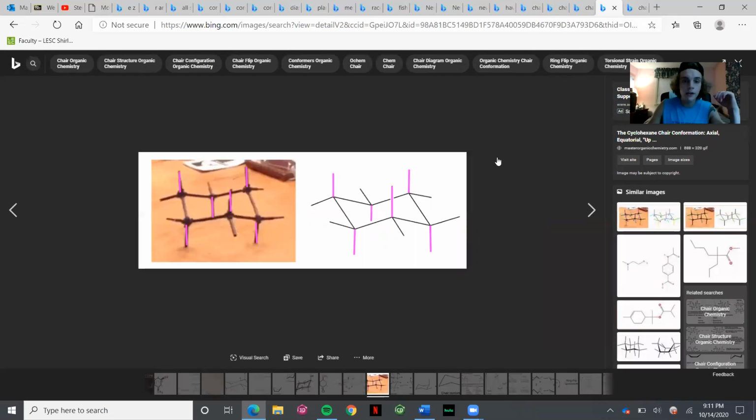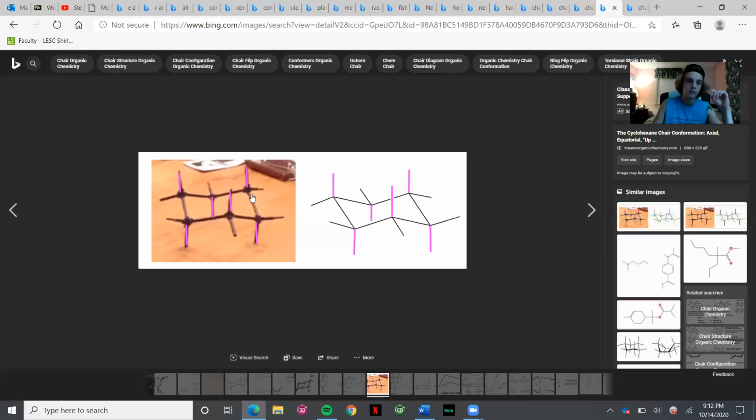So moving forward here again, I want to address this again. Here's an example of your model kits. So if you have the model kit that was recommended for this class, if you don't, it's okay. If you do, this is what it should look like in your chair conformation, and this is how it should be perceived when you look at it from the angle of the chair conformation.